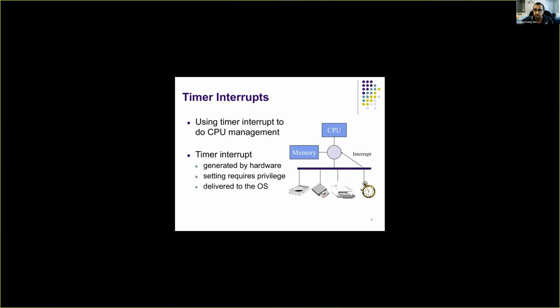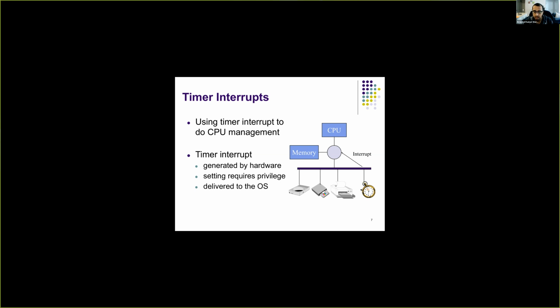So this is where timer interrupts kick in. So timer interrupts are the main fundamental mechanism of CPU management in time sharing systems. So a timer interrupt is generated by the hardware timer, and setting the timer requires privileges, so that it ensures that only the operating system can set the timer, and user processes cannot mess with the timer.